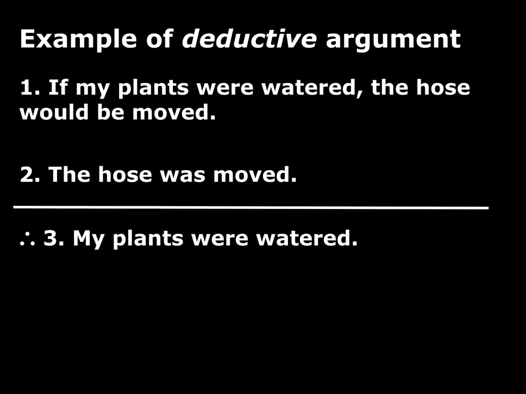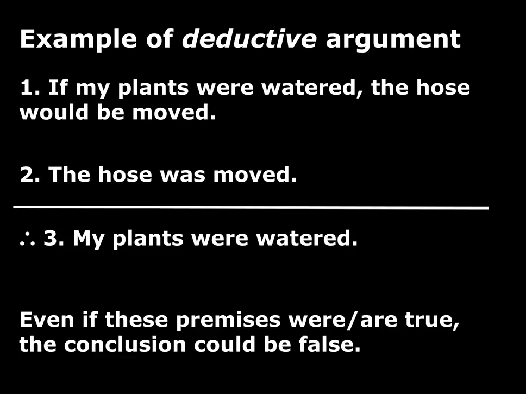Here's an example where that combination is possible. So we saw earlier, I sort of tried to convince you intuitively that this was not a good argument. Now we can be a little more specific about what we mean by good, which is that even if these premises were true, the conclusion could be false. So remember I said, maybe someone moved the hose to cut the grass.